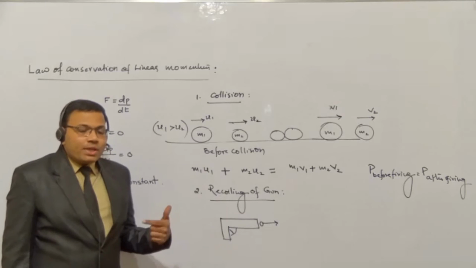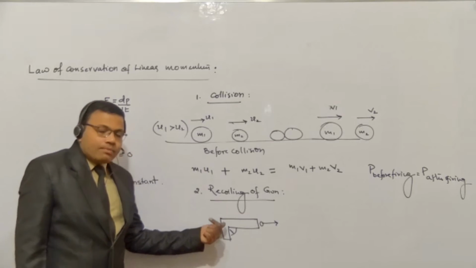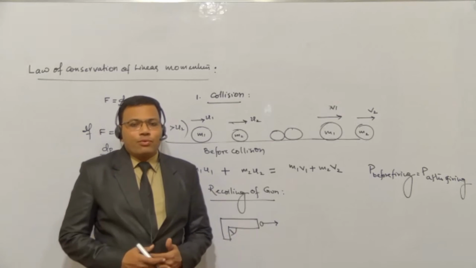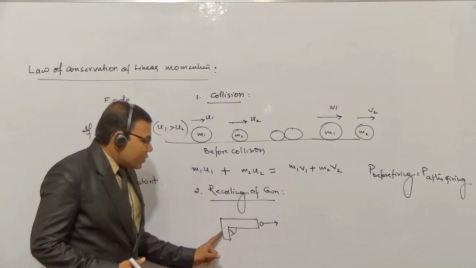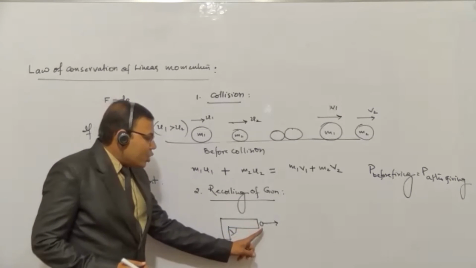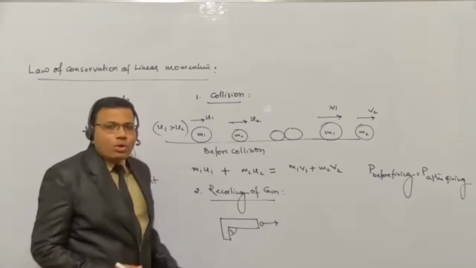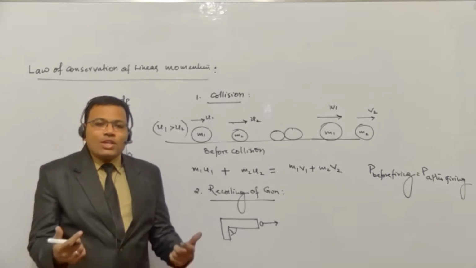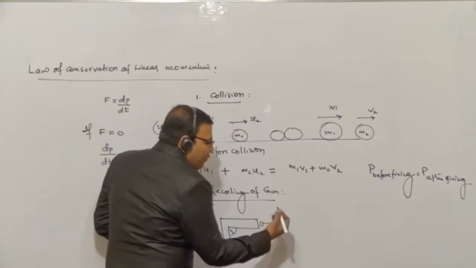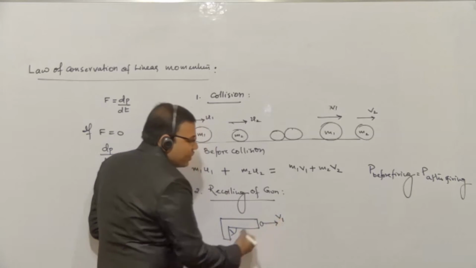So before firing, this gun along with the bullet, are they moving? No, they are not moving at all. That means what is the initial velocity of the gun? It is zero. What is the initial velocity of the bullet? It is zero. That means u1 is zero as well as u2 is zero. But students, suppose after firing the bullet is moving with the velocity v1.